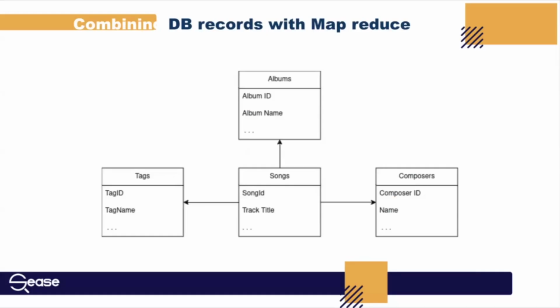MapReduce groups together all the key-value pairs with the same key. So first of all, what is the key in this case? We want to generate a document for each song, so the key can be identified as the song ID.